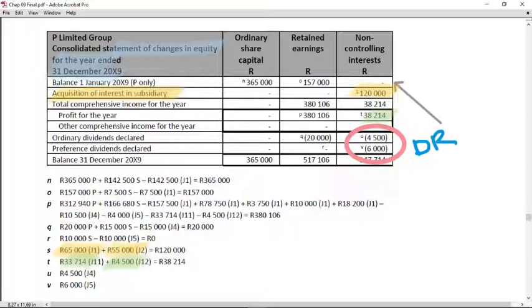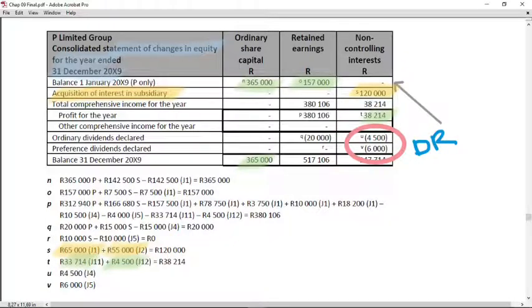Your ordinary share capital is always only that of the parent, not because it's a recipe, but because we apply a principle. In the retained earnings column, you should now try and understand what should be included in your opening balance. The group only formed this year. What happened to that opening retained earnings of the subsidiary, the 7,500?